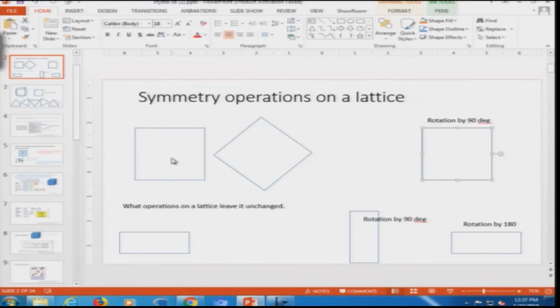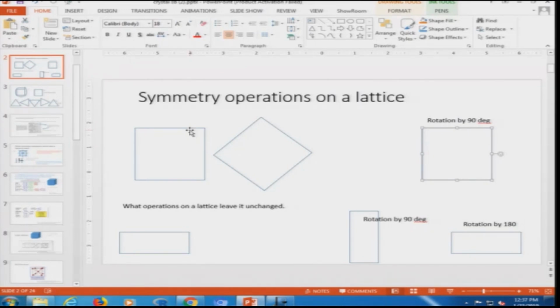So, certainly under rotation by 90 degrees, this cubic or square lattice structure is invariant. This is one such symmetry operation which I can do on this square lattice which will keep it invariant. So, I can take this sort of Bravais lattice as a very special lattice, invariant under rotations by 90 degrees.